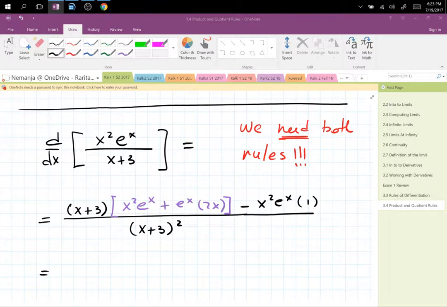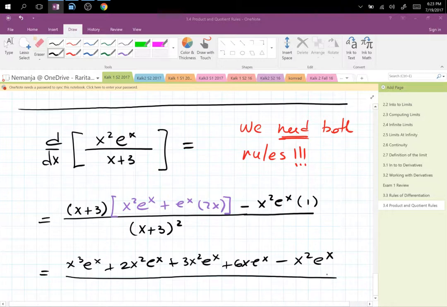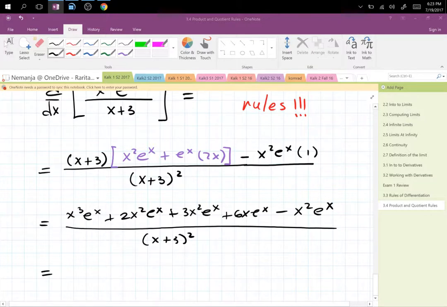So to simplify this, we have x cubed e to the x plus 2x squared e to the x plus 3x squared e to the x plus 6x e to the x minus x squared e to the x, divided by x plus 3 squared. We don't have any other x cubes, so x cubed e to the x. Now this is 2x squared, 5x squared, 4x squared.